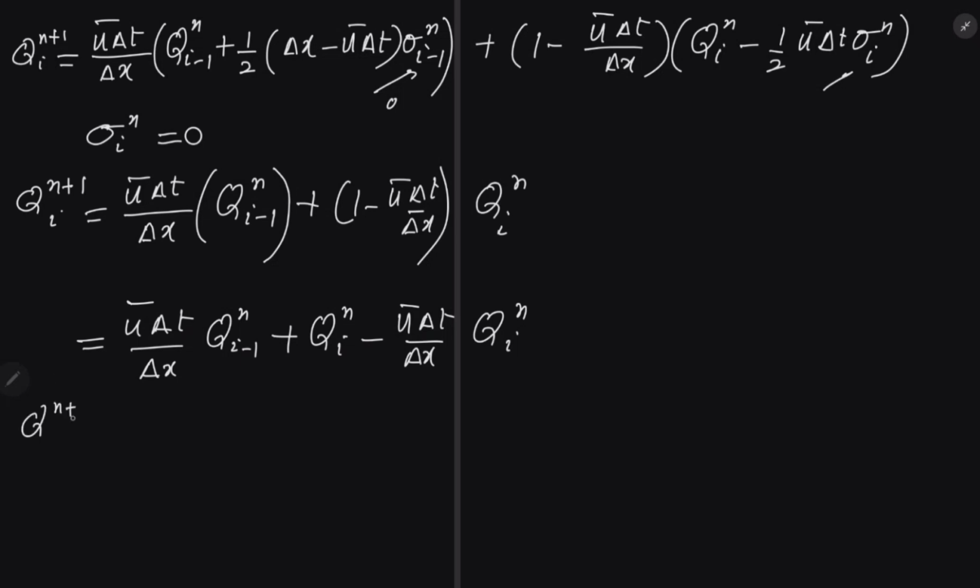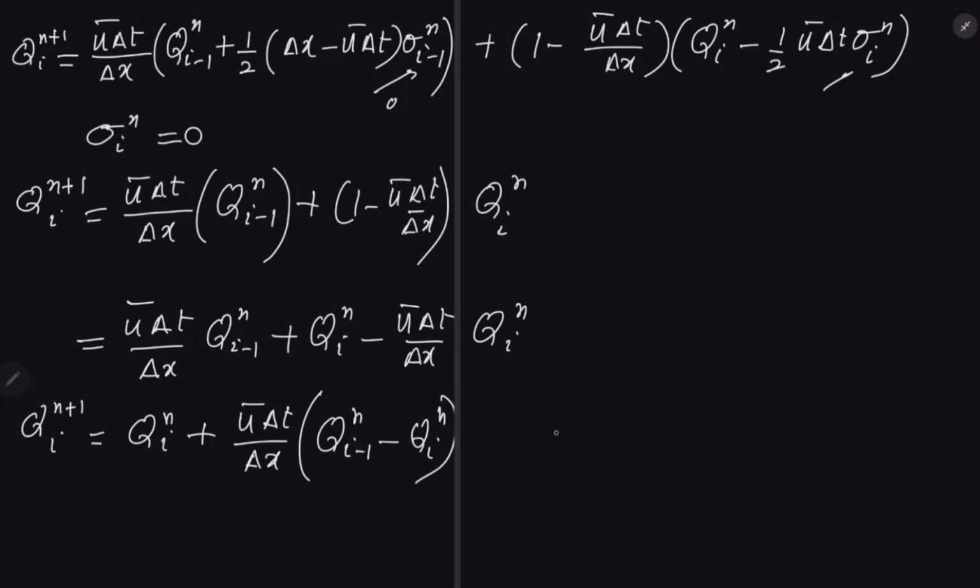Q_i^{n+1} = Q_i^n plus u bar Δt/Δx taking as common (Q_{i-1}^n minus Q_i^n). This is the upwind method.